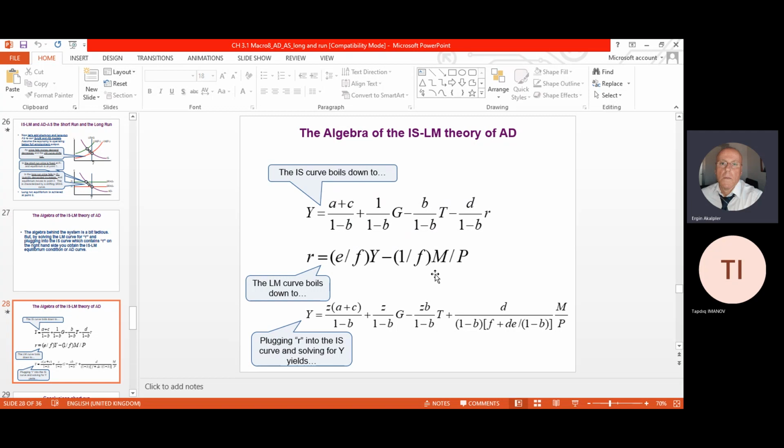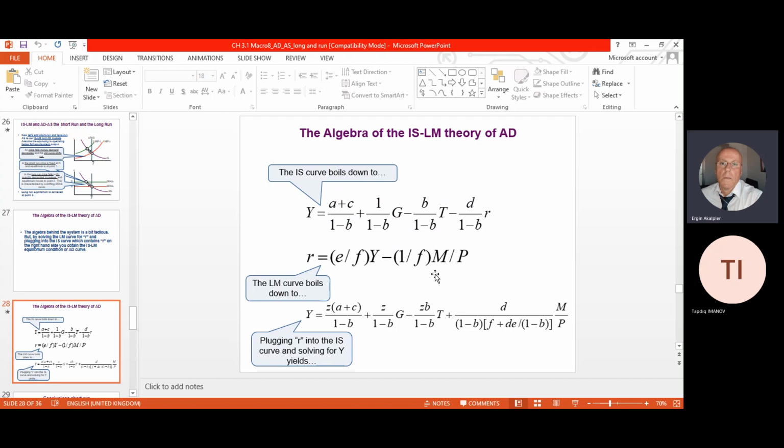The first one is the consumption, the second one is 1 over 1 minus the marginal propensity to consume, multiplied by the governmental expenditures minus the tax, which is subtracted from this equation. And the other is given for R, for the investment, D minus 1 over B, which is given in this equation for the IS curve, for the mathematical calculations.